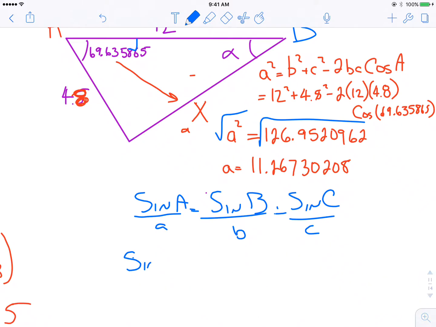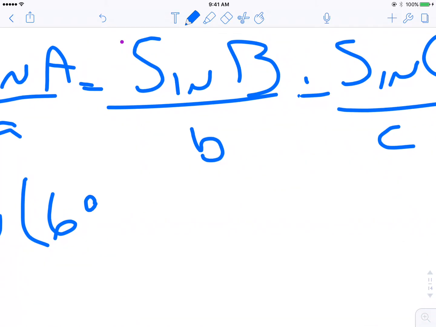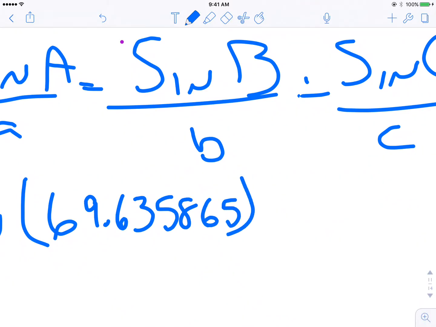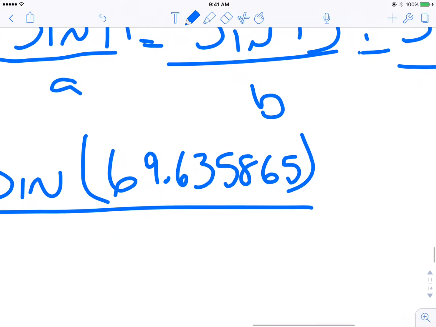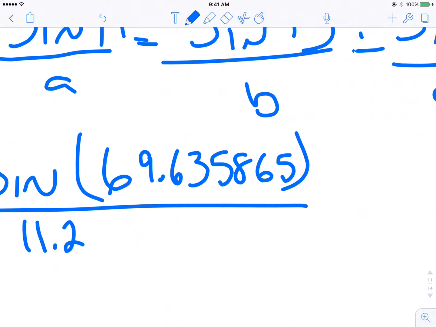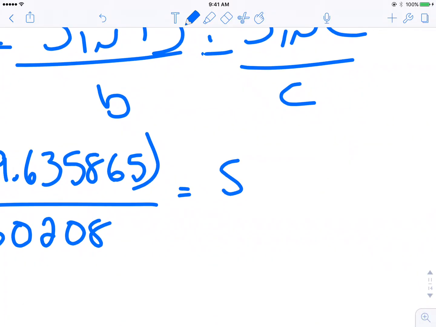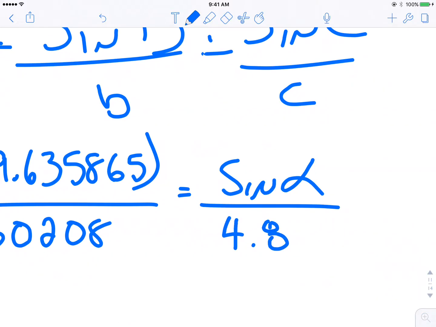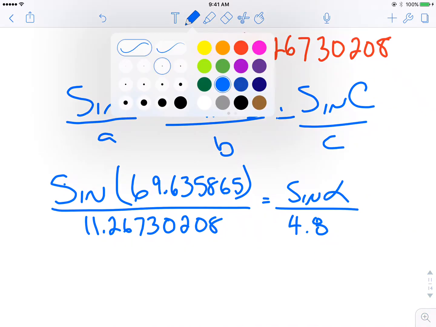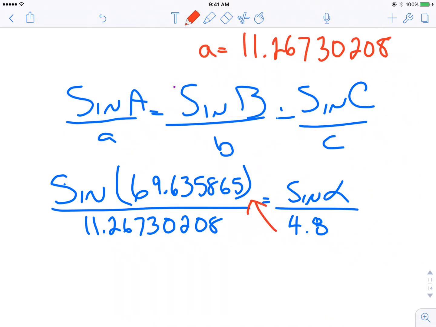So I'm going to go sine A, which is 69.635865 over side A, which I just calculated to be 11.267302088 is equal to sine alpha over side B, which was going to be 4.8. From here, cross multiply, divide.